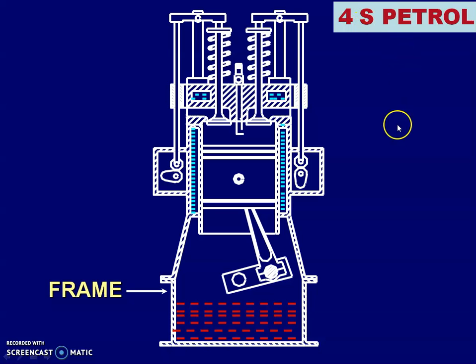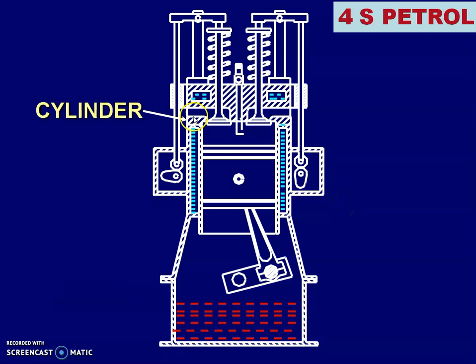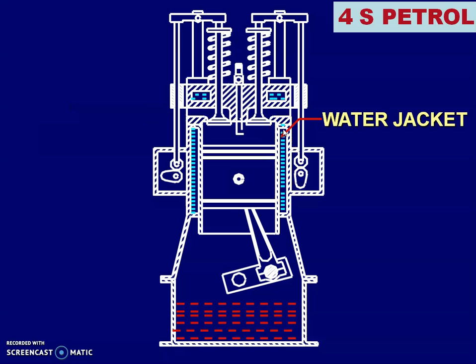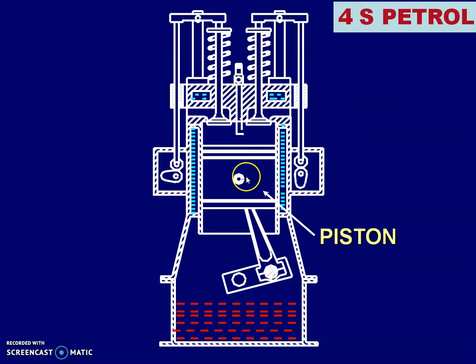Consider it is a 4-stroke petrol engine. So this is a frame on which the cylinder block or cylinder is supported. This one is a cylinder. It is a stationary part. This one is a water jacket, as we have seen. There is a cooling water circuit from where the coolant is passed. This one is a piston which reciprocates in the cylinder.